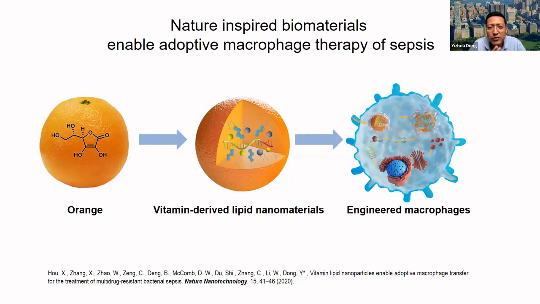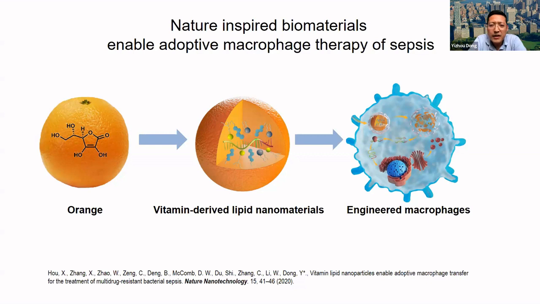Then we thought about biomaterials. When we walk in the pharmacy store, we always see a lot of vitamins. As shown here, this is vitamin C. Vitamins have very diverse functions. Biologically, they possess unique functions for different pathways.